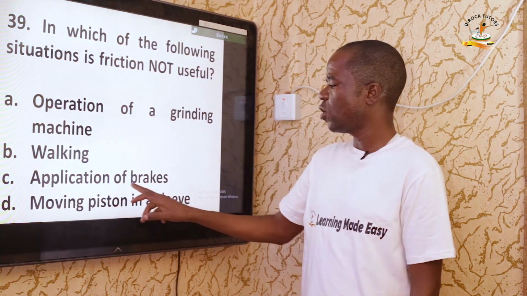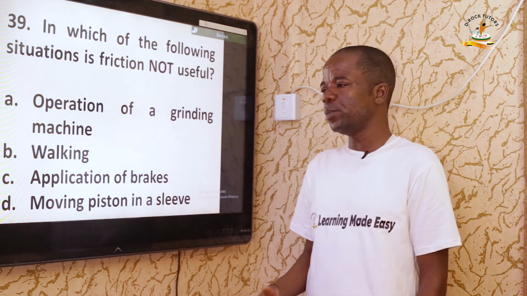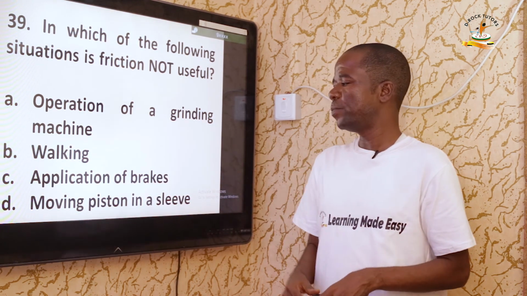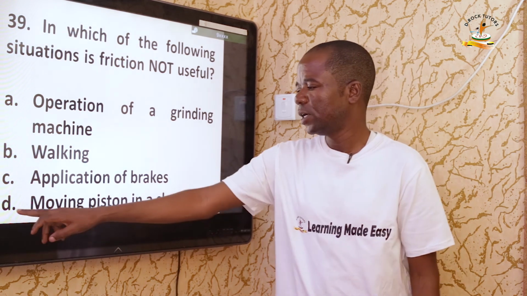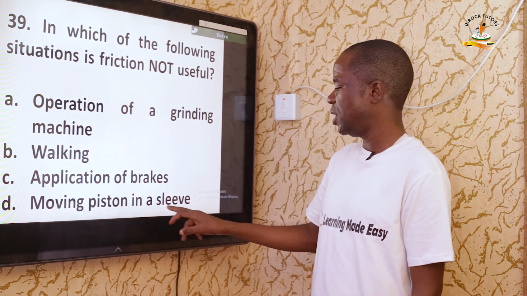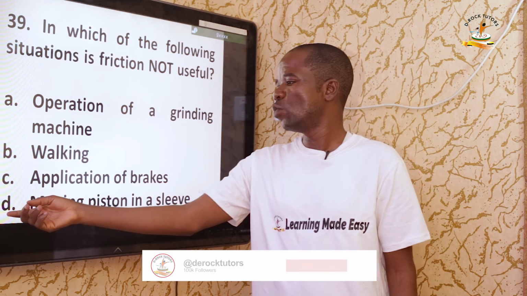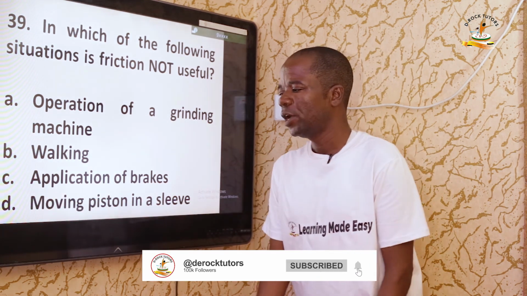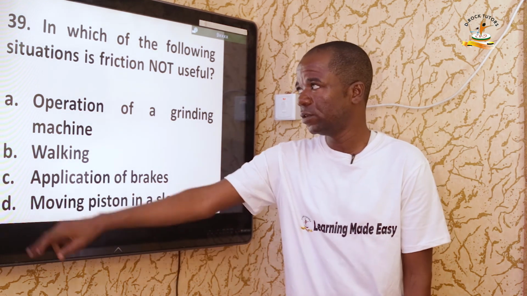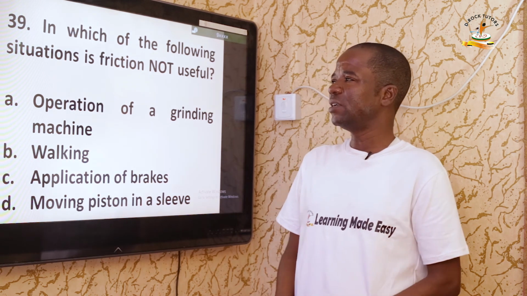C, application of brake. Of course, friction enables cars to stop when brakes are applied. And the correct option, moving of piston in a sleeve. This is the one that is not an application of friction. The correct answer for this question is option D.